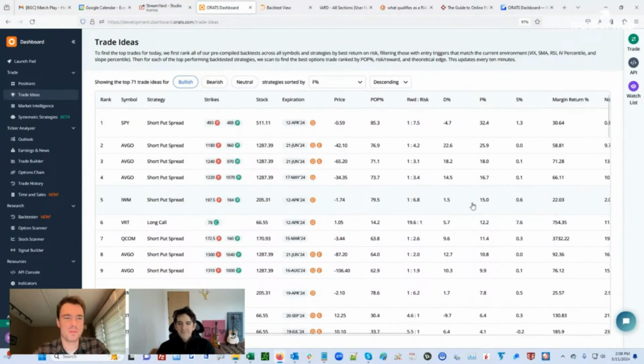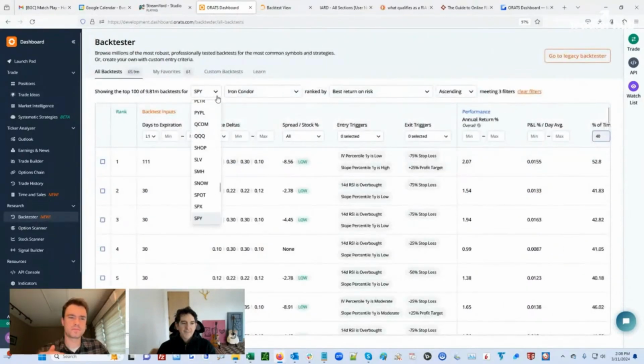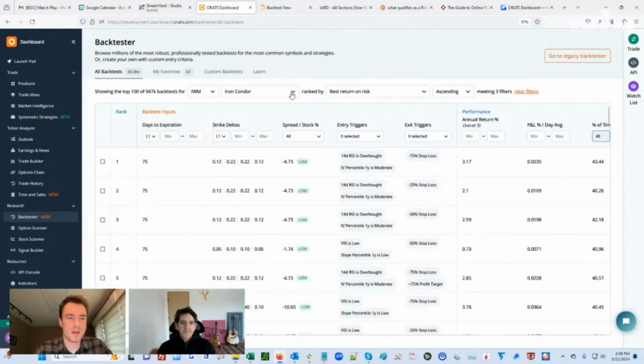Yeah, so I think it would be fun, Matt, if we did this process step by step. What the trade ideas does, we can do step by step and show everybody each step along the way. So it starts in the backtester tab, right? And we look at all of our symbols that we've run, and we've added more to this. Like Matt said, we've added 50 more this last week.